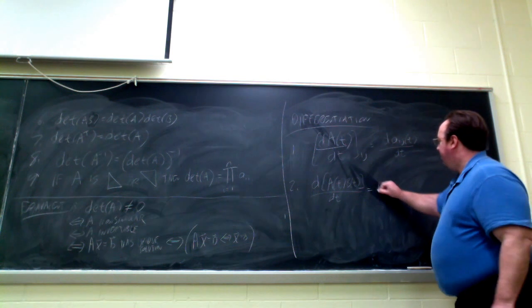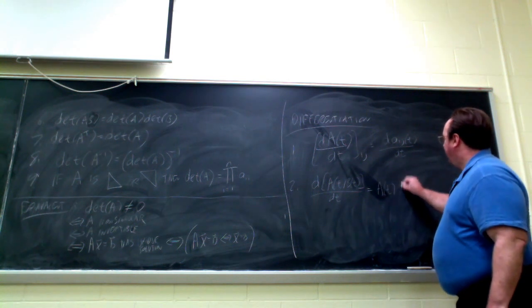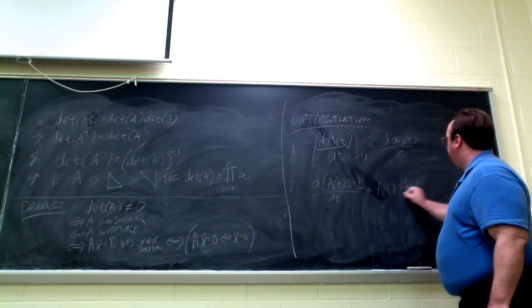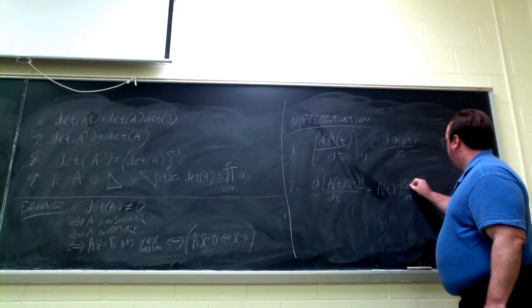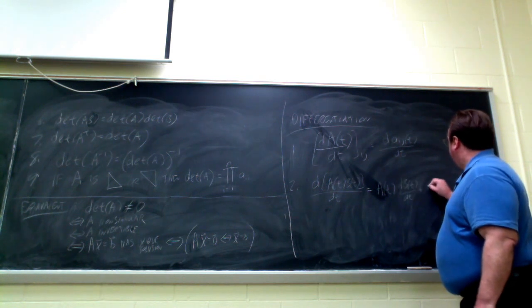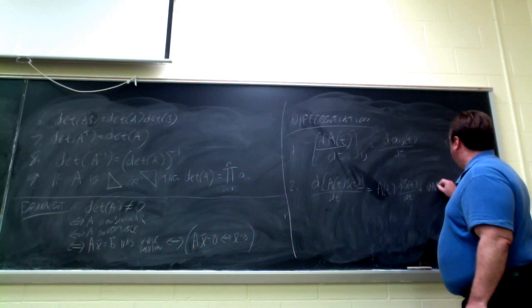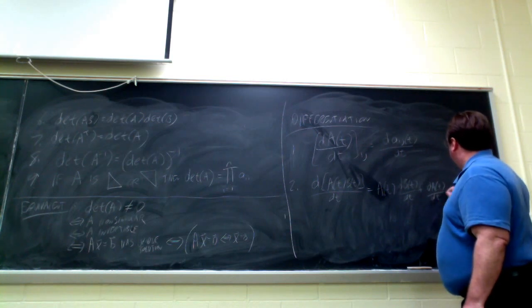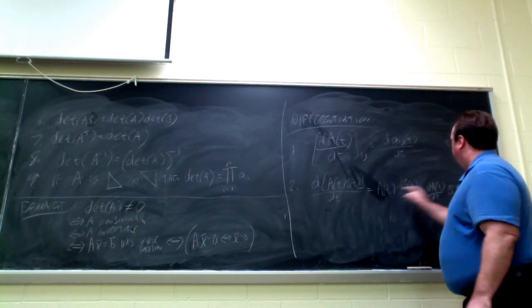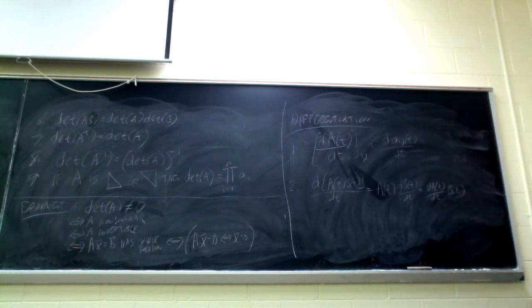So you would have A times the derivative of B plus A prime times B. So you can't move A and B around or their derivatives. Okay. But otherwise you still have the same old product rule.